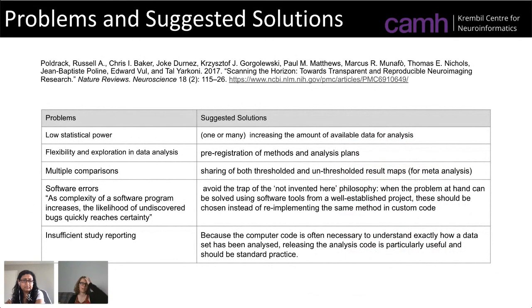Okay, so this paper that I want to show you is from Russell Poldrack et al., and it is specifically in my field, neuroimaging research. This was a groundbreaking paper for me that talked about the reproducibility problems specifically in neuroimaging, and problems and solutions.